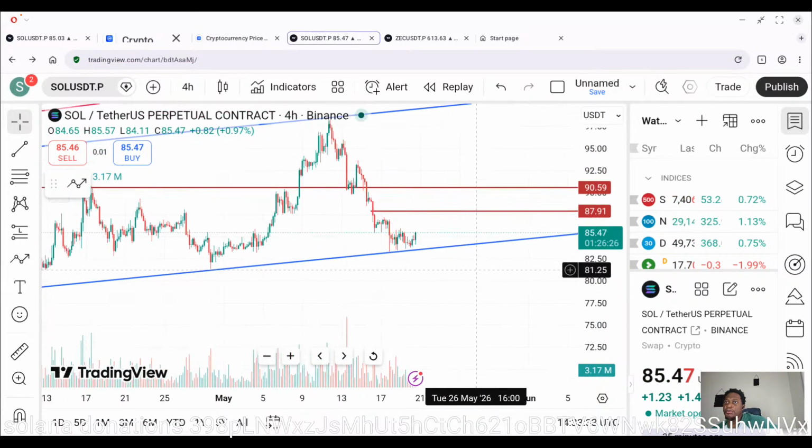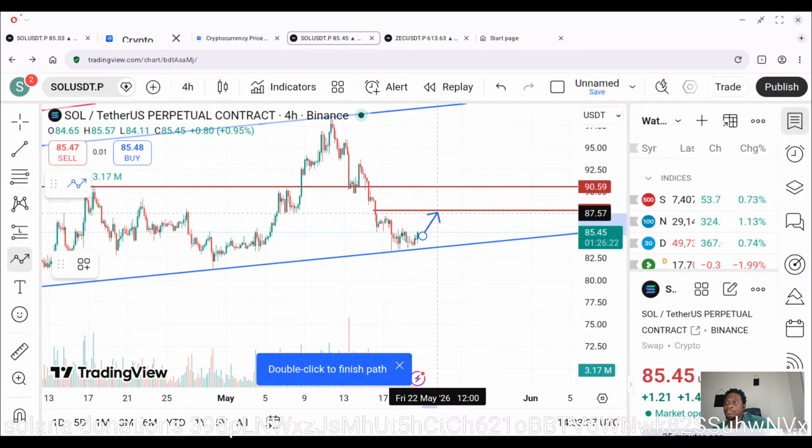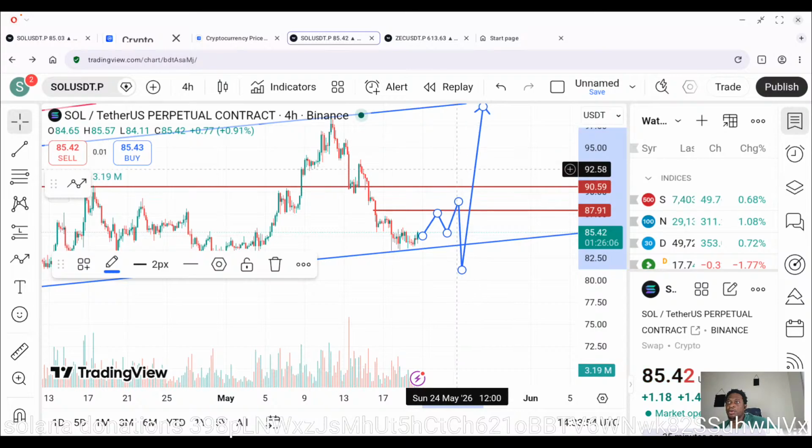So due to that, we're expecting price to do something more like this, like create some sort of liquidity, take out those who are eager to long, possibly about here, and then reverse to the top side.